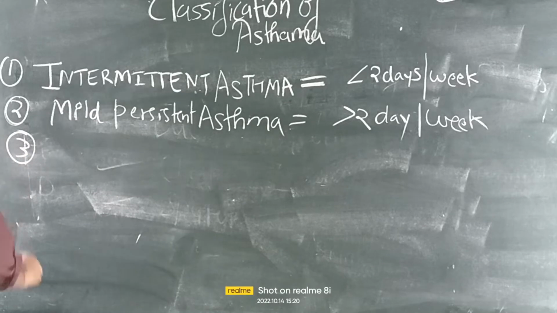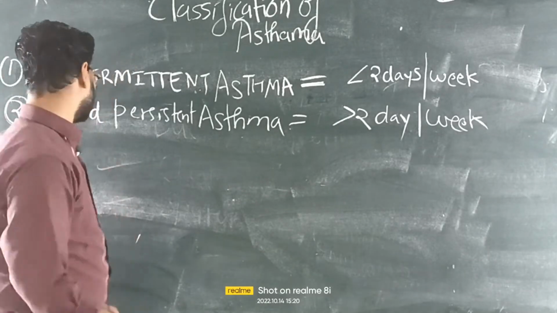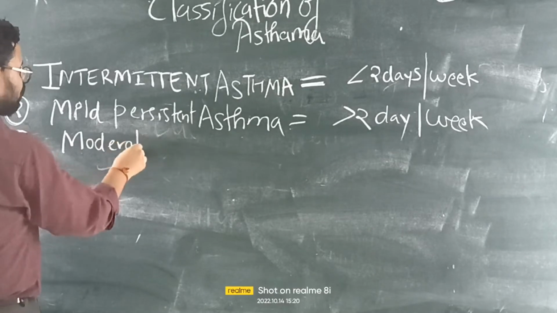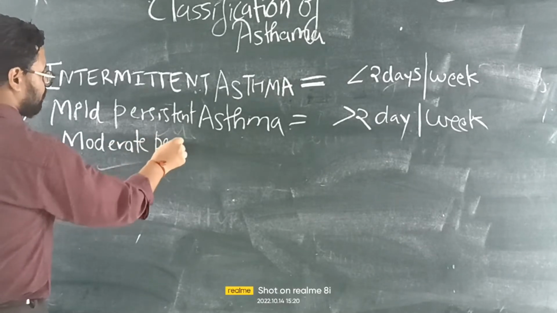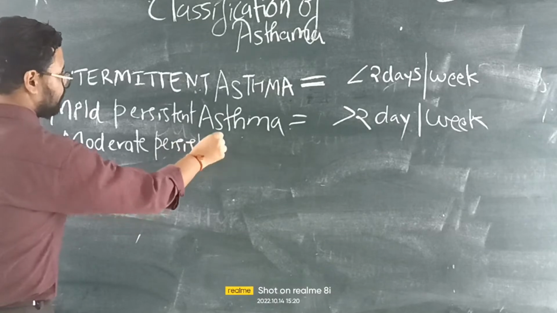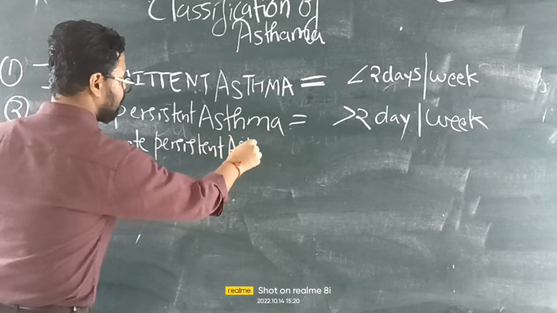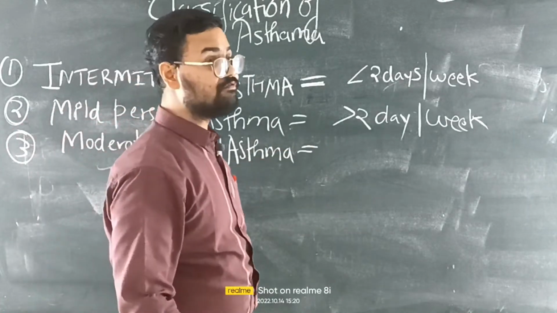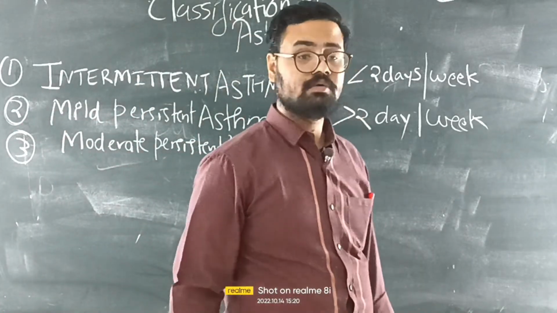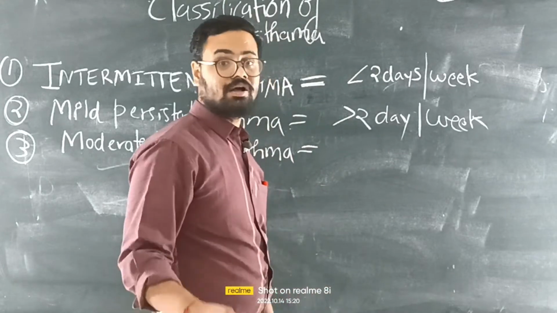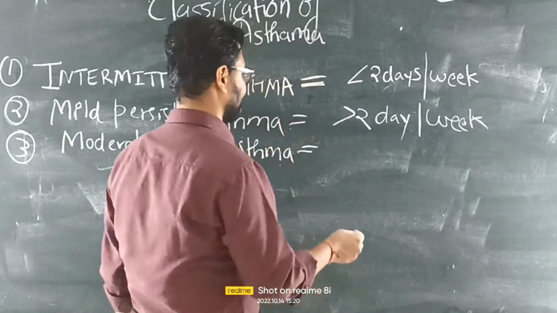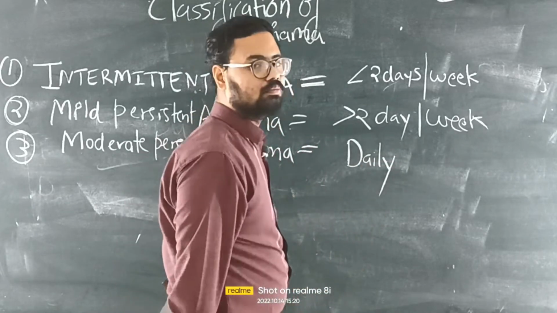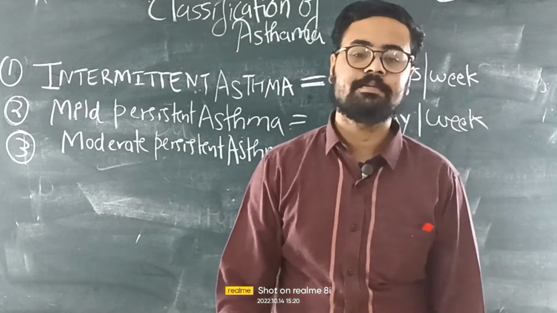The third type of asthma is moderate persistent asthma. What is moderate persistent asthma? If the episodes of asthma come daily. What do you mean by daily?